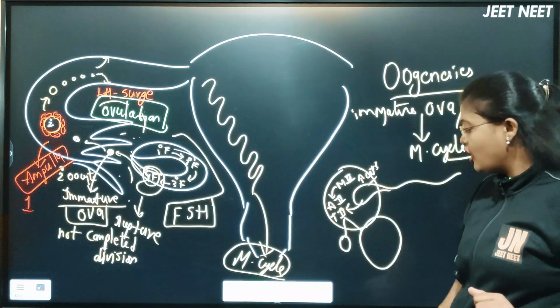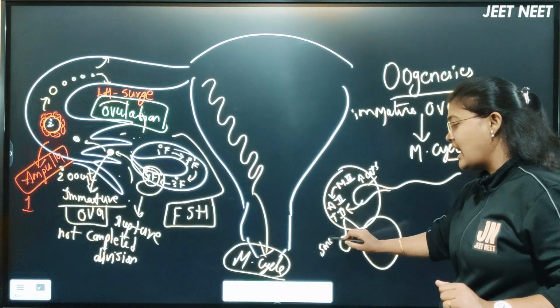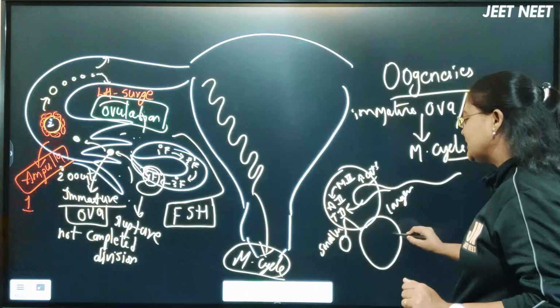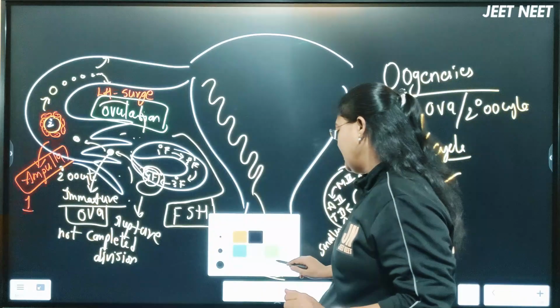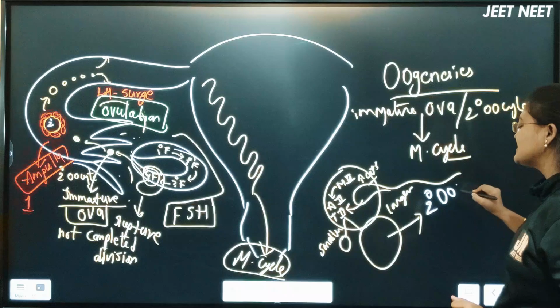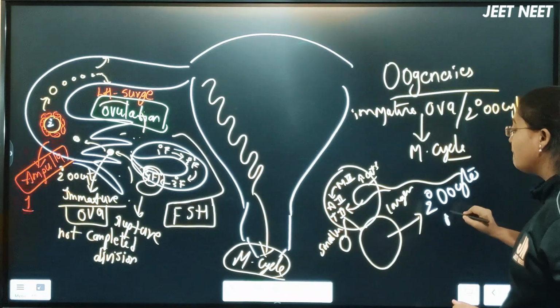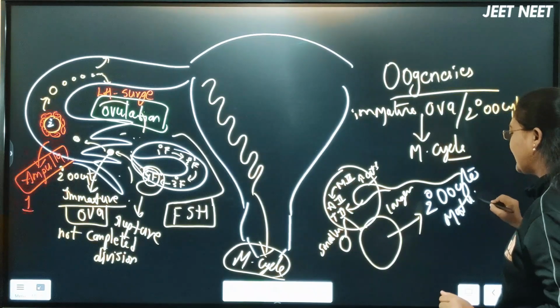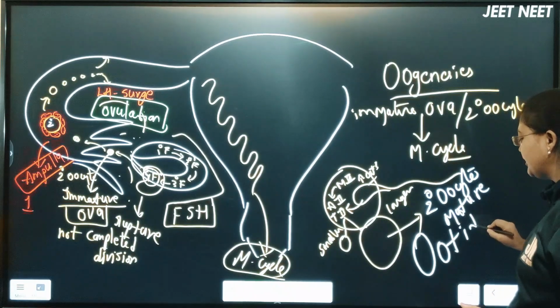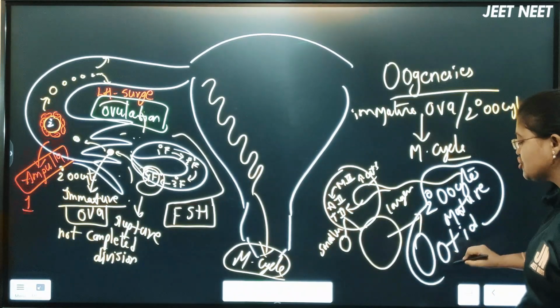Two cells will form. One is a smaller cell and the other is the larger cell. This larger cell we call the mature one; NCERT has given the word ootid for it. The ootid is the mature one.